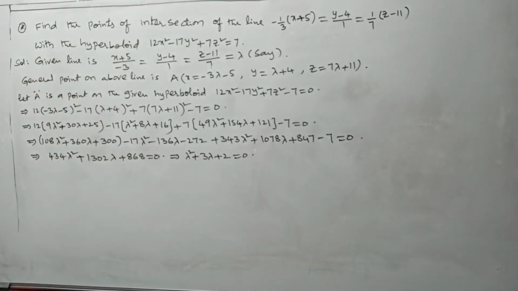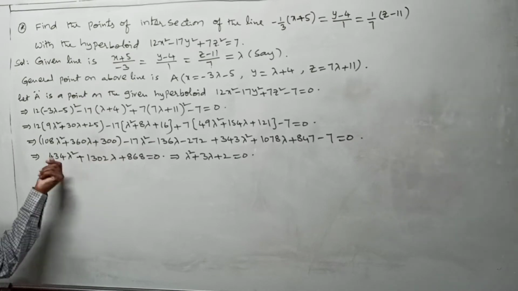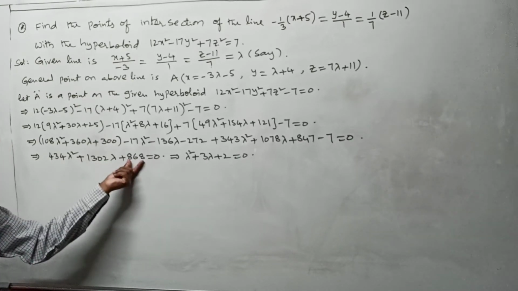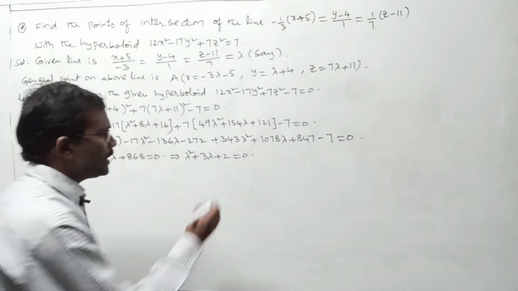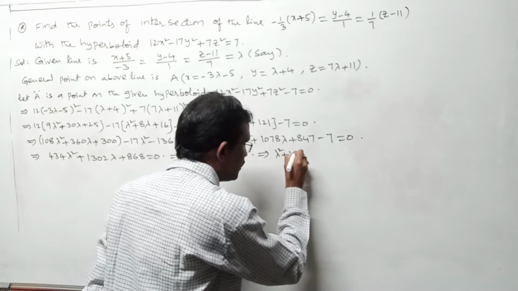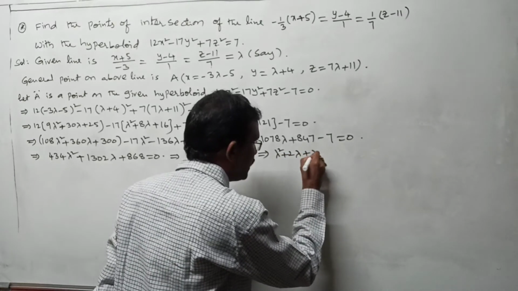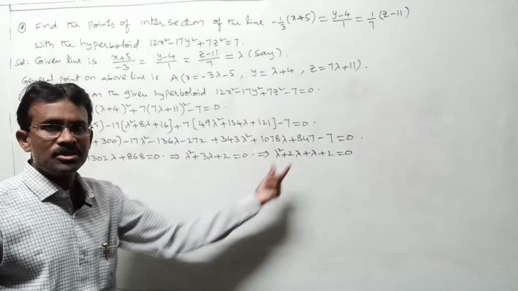Lambda square plus 3 lambda plus 2 equal to 0, because when we divide by 434, 1302 divided by 434 is 3, 868 divided by 434 is what? 2. Now again you can simplify. This implies lambda square plus 2 lambda plus lambda plus 2 equal to 0. In between these two things take lambda common.